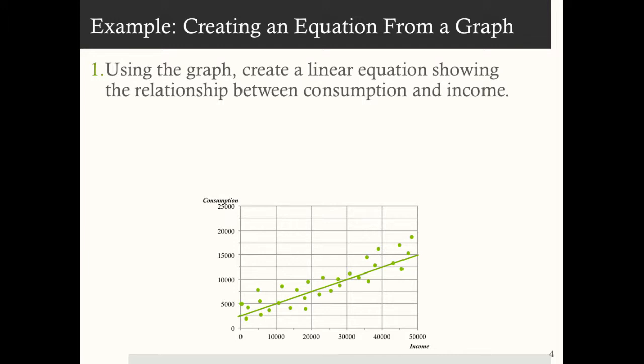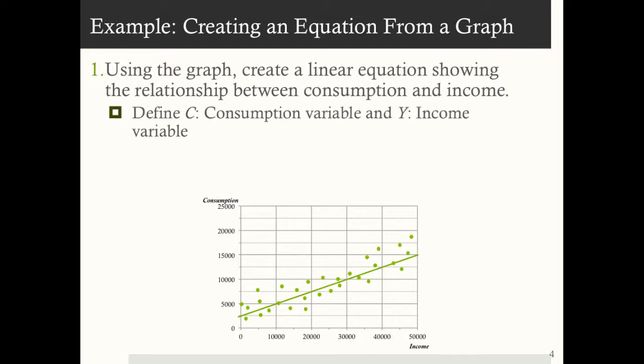For the first one, we're going to follow those steps. We're going to define our variables. C, I'm going to define as the consumption variable, and Y is going to be the income variable, so C and Y. I do this because I don't want to write out the full term consumption and the full term income in an equation. Now I'm going to find the vertical intercept and the slope.